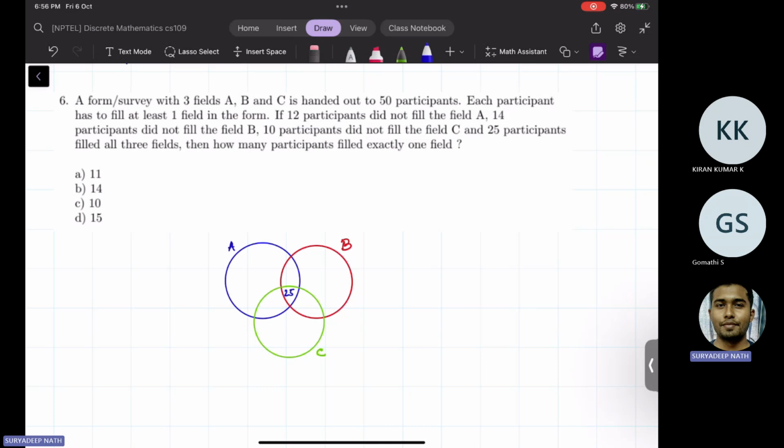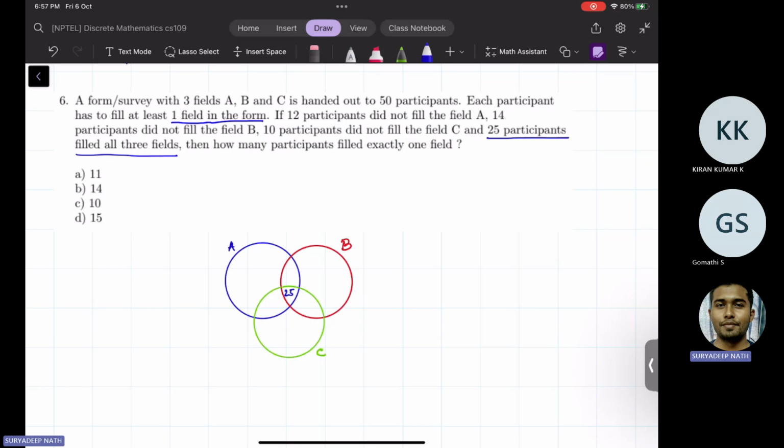That is, 25 participants have filled all three fields. There are no people outside of the union of A, B, C because everyone has filled at least one field in the form.